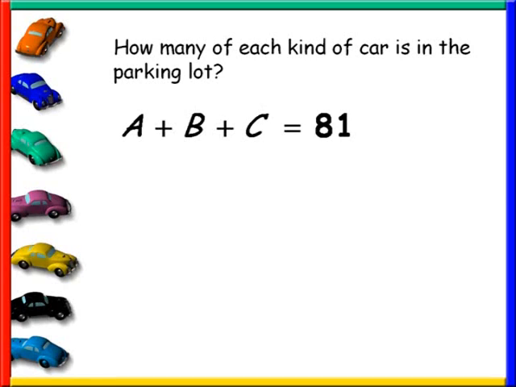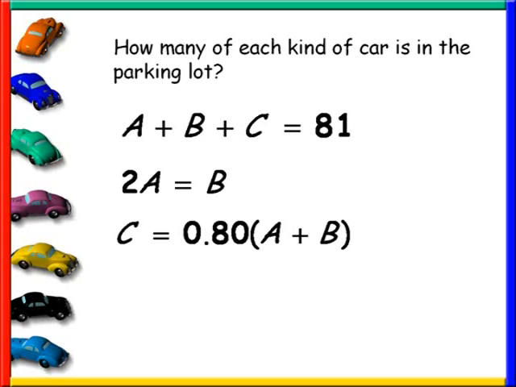Let's look at the three equations that we came up with. This is referred to as a system of equations. We have three equations with three unknown variables. We will begin by looking and seeing there are some substitutions that can be made.